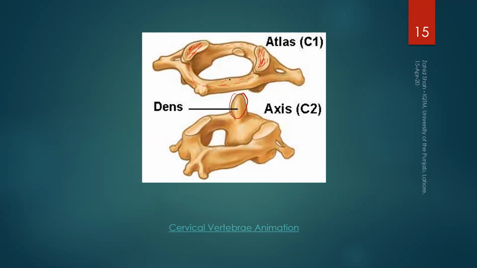So, for example, once you say no, you turn your head to say no. That is because of the joint between atlas and axis. That is also called a pivot joint. But overall, you can see the structure is very irregular. So that is why these are called irregular bones.